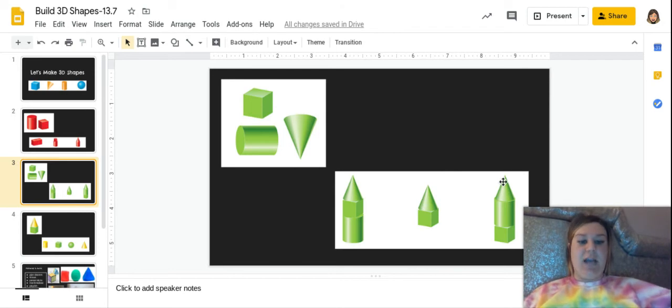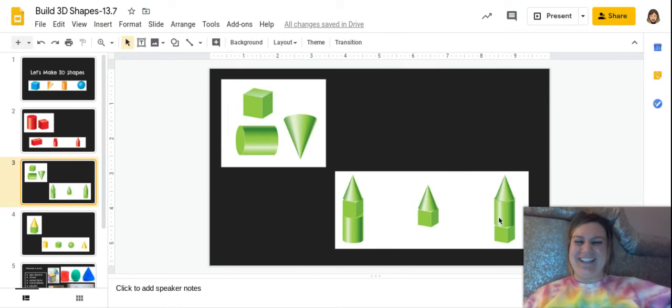Let's look at our last example. Does this use all three of our shapes? What do you notice on the bottom? On the bottom, there is a cube. What's stacked on top of the cube? A cylinder. That's right. And what is stacked on top of the cylinder? A cone. That's right.